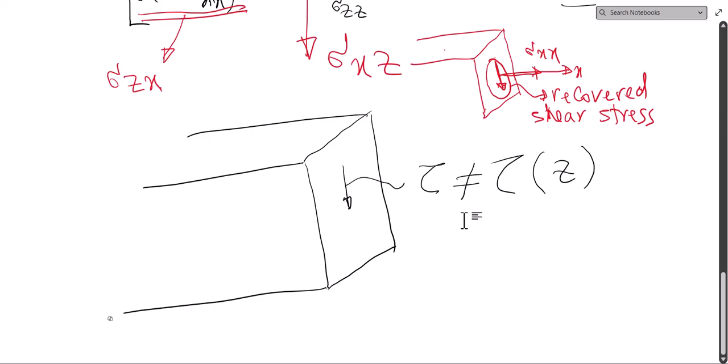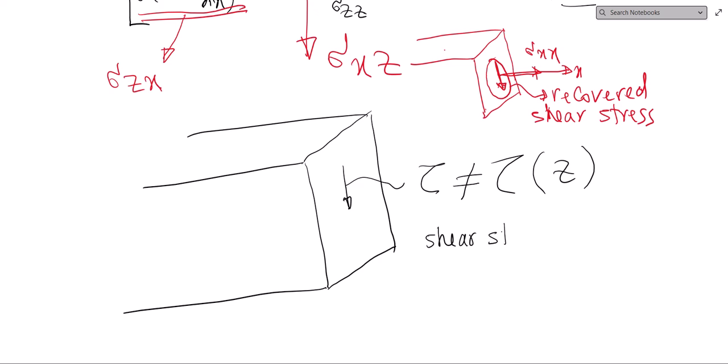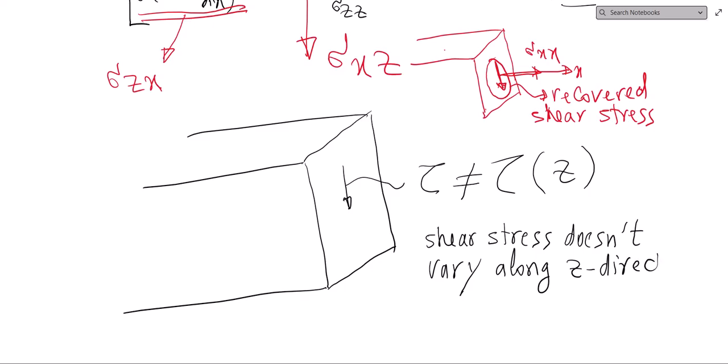So in Timoshenko, the shear stress does not vary along the z direction. In fact, it is a constant shear.